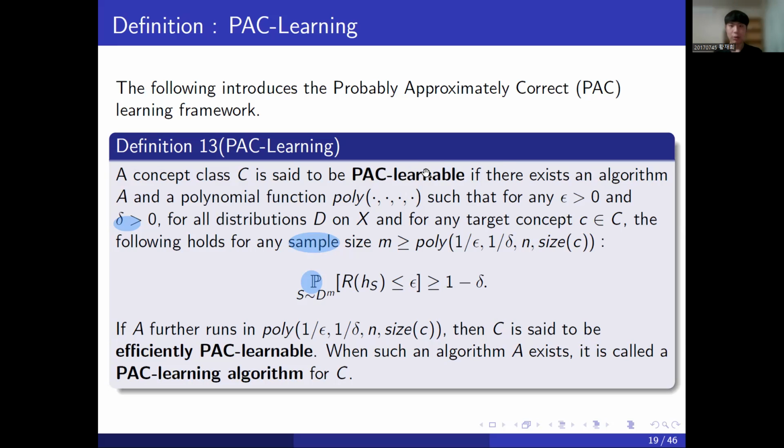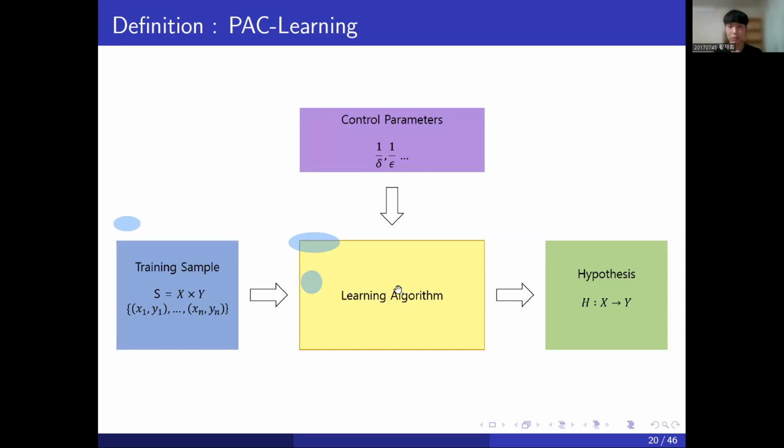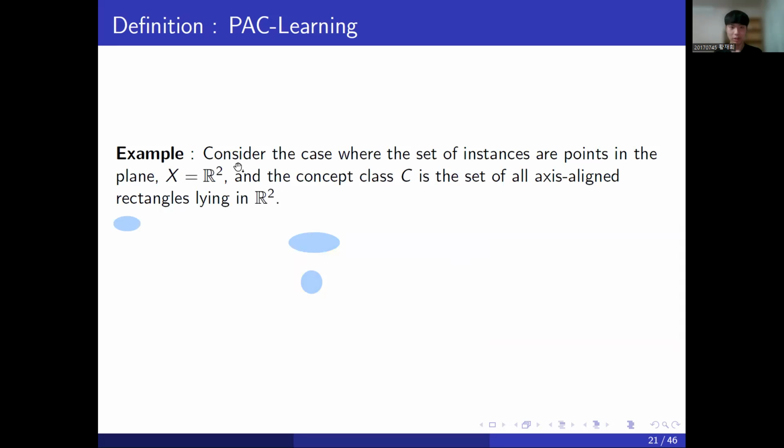So how can we define that? It is based on a learning algorithm. If this learning algorithm exists, then we say that the learning problem is PAC learnable, and otherwise it is not PAC learnable. And I explained it with an example: the axis aligned rectangle is PAC learnable.